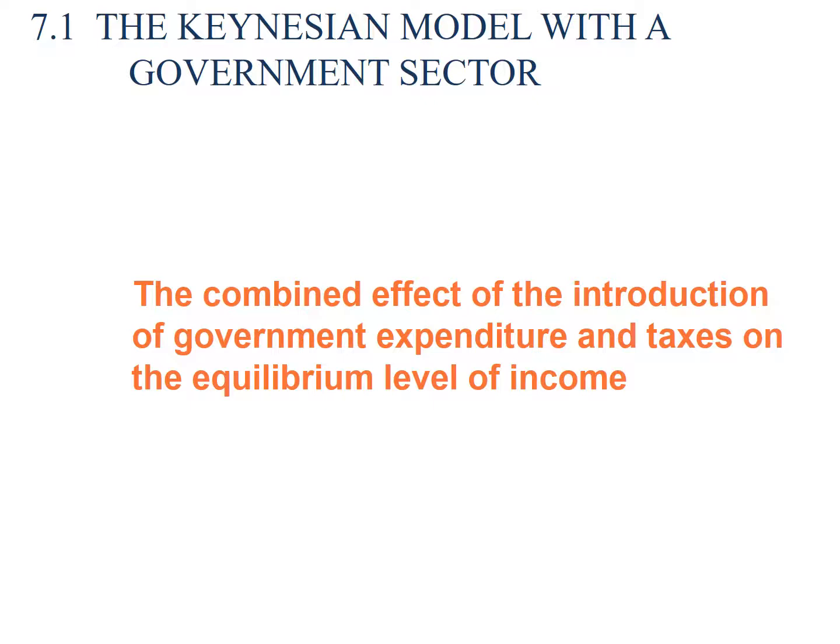Now let's look at the combined effect of the introduction of government expenditure and taxes on the equilibrium level of income within an economic system, or in our simple Keynesian model. So let's use figure 7.5 to reflect those changes.